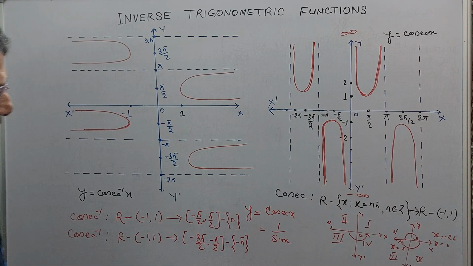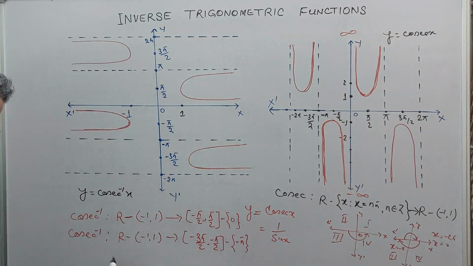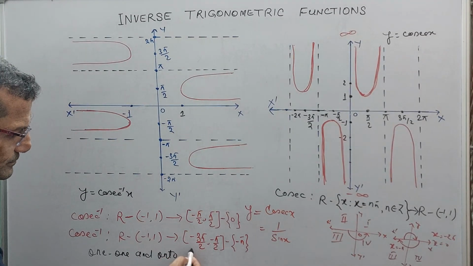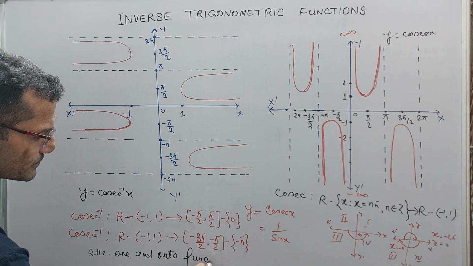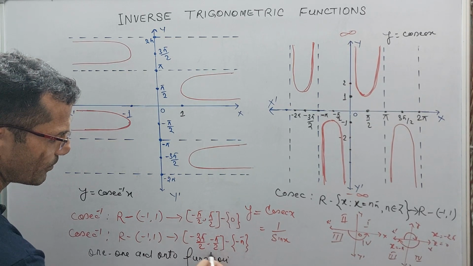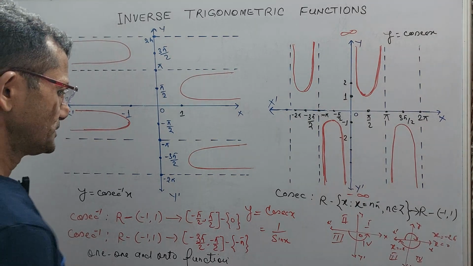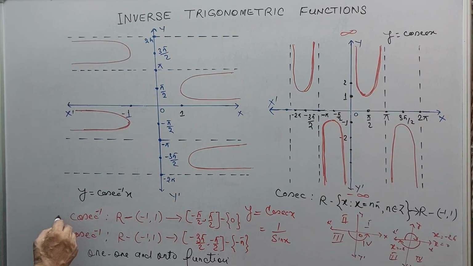So all these are one-one and onto functions, and we just located the principal value branches. So these branches will be the principal value branch of the cosec inverse.